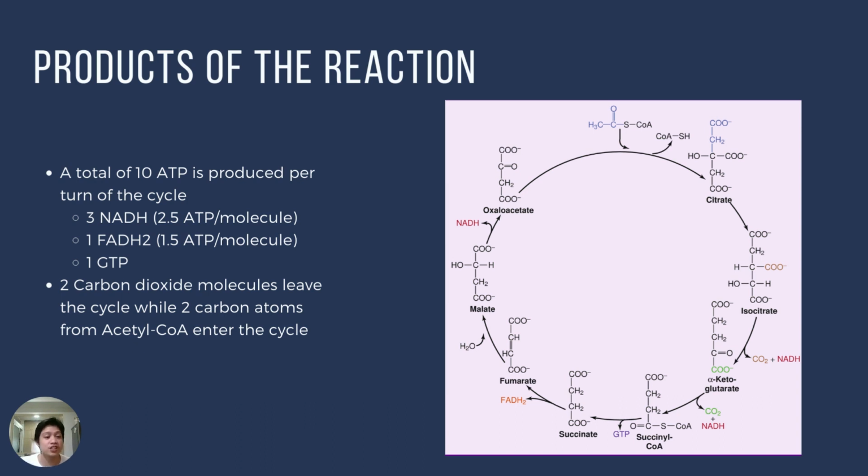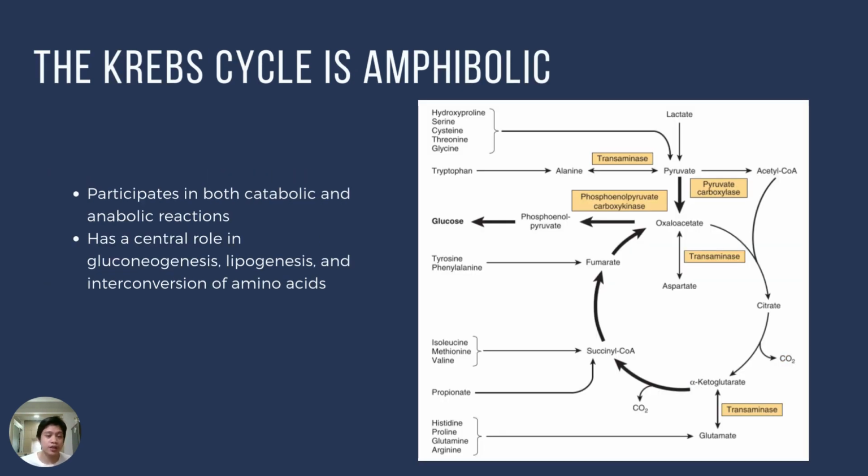As what we have emphasized a while ago, there are 2 carbon dioxide molecules that leave the cycle, while there are 2 carbon atoms from 1 molecule of acetyl coenzyme A that enters the cycle. And so, we have a conservation of the number of carbons in the cycle. The Krebs cycle is termed amphibolic because it participates in both catabolic and anabolic reactions.